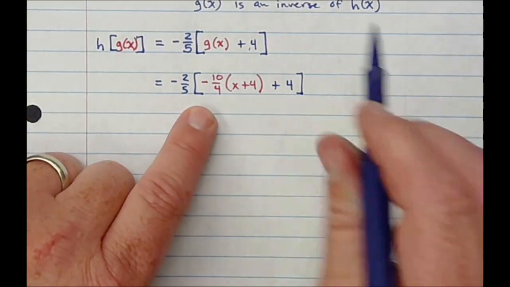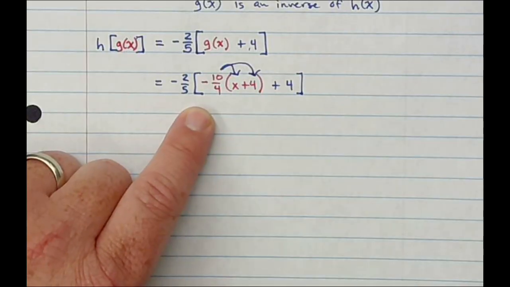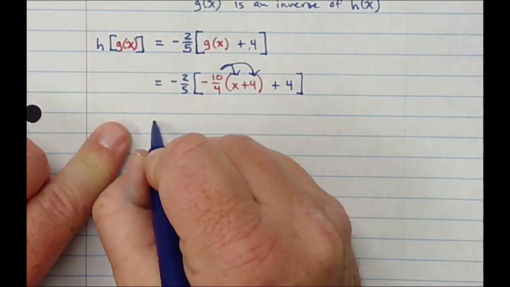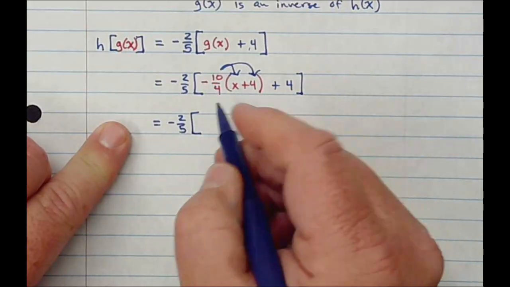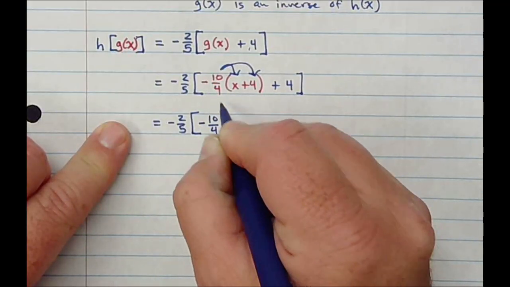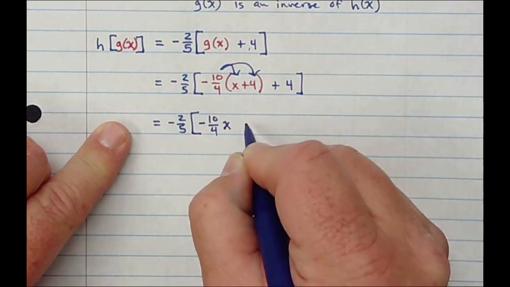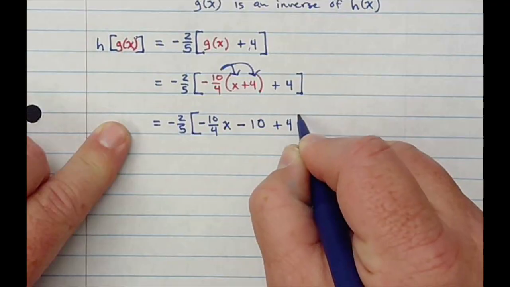Okay, next step is I'm going to go ahead and distribute here. So this is going to give me negative 2/5 of negative 10/4 x. The 4s are going to cancel each other out, so this becomes minus 10 plus 4.